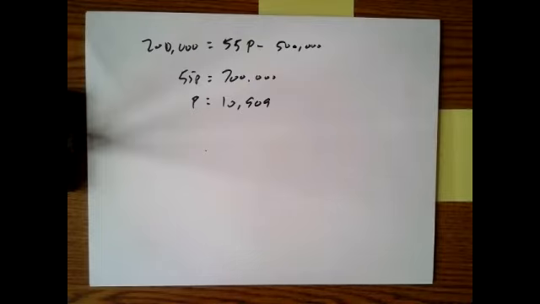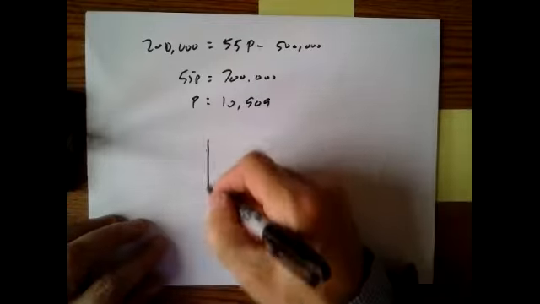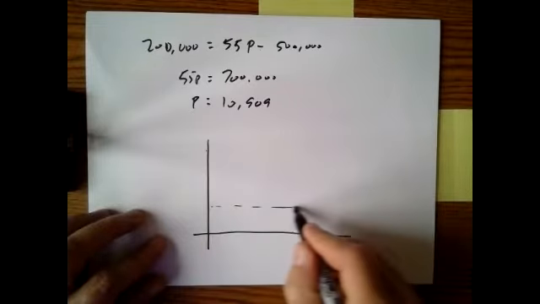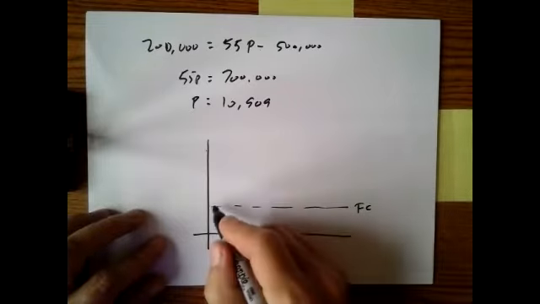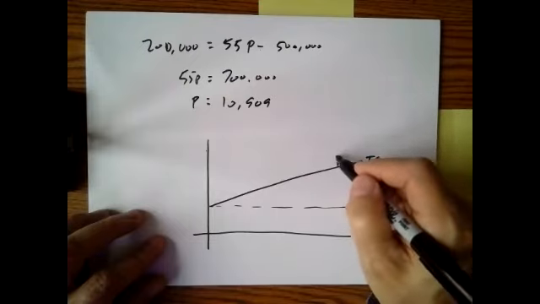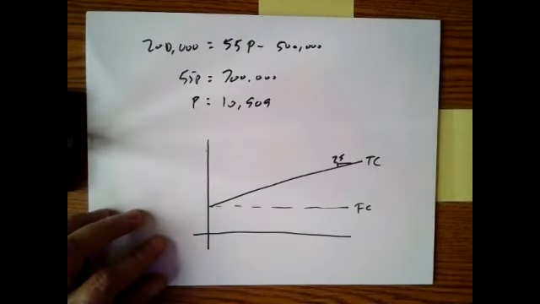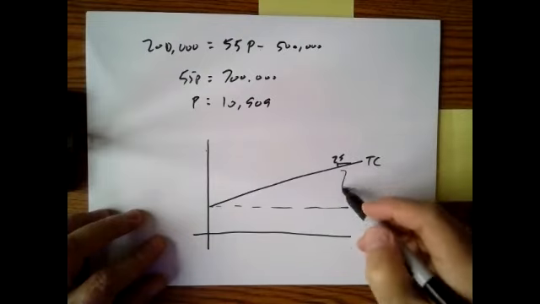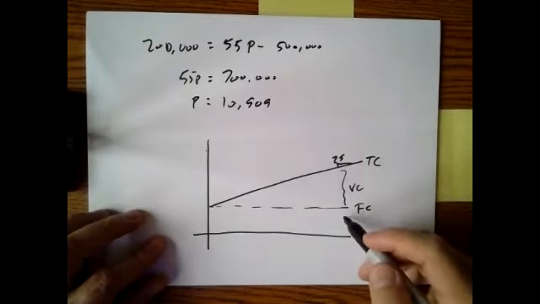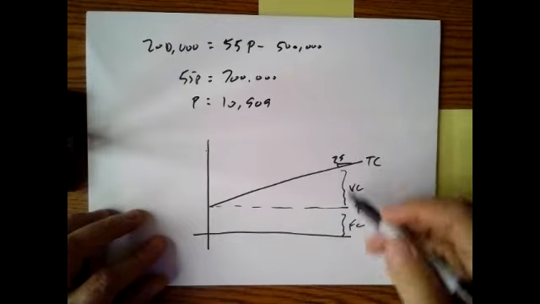All right, and then the last part is to construct the CVP analysis. So drawing in our original, that's our fixed cost, our total cost, and the total cost has a slope of 25 because that slope represents the variable cost added onto the fixed cost, right?